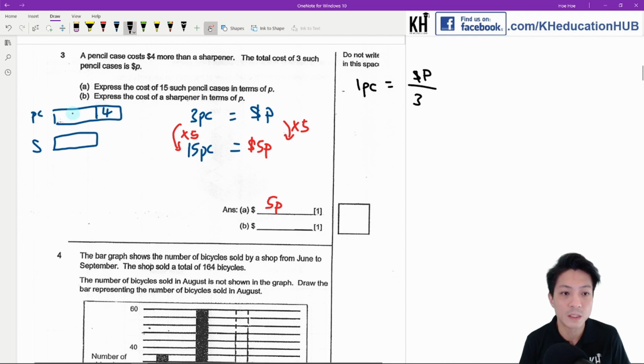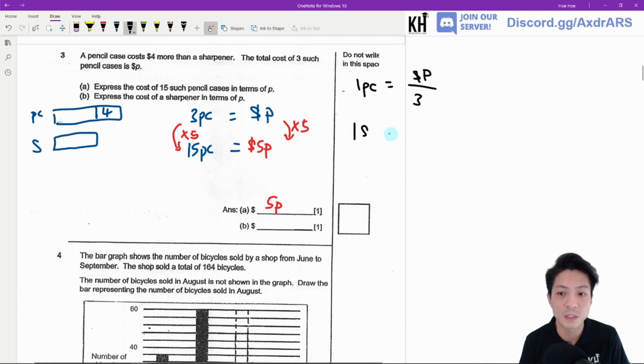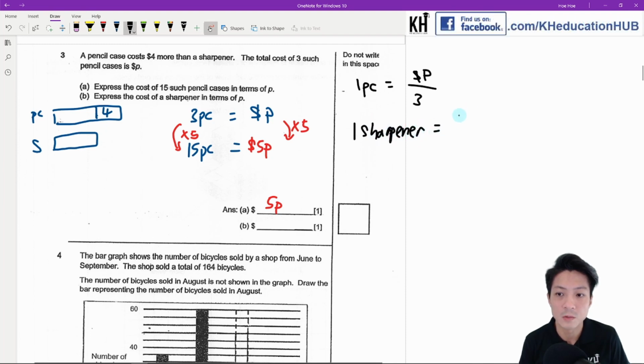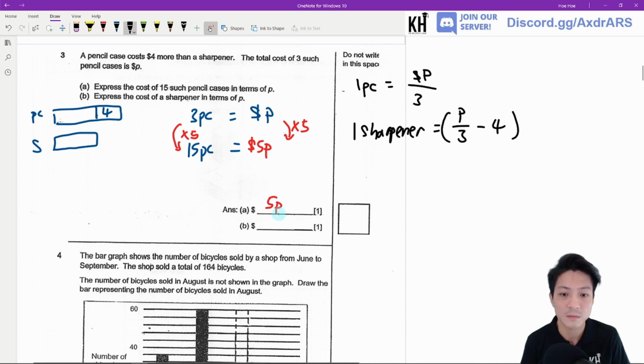If you look at the model over here, if 1 pencil case is P dollars over 3, it means that 1 sharpener is equal to P dollars over 3 minus away the $4. So P over 3 minus 4.